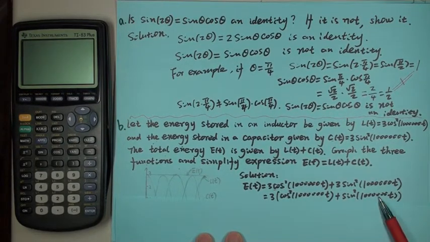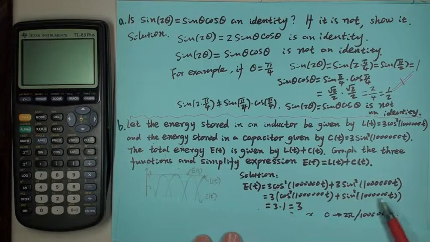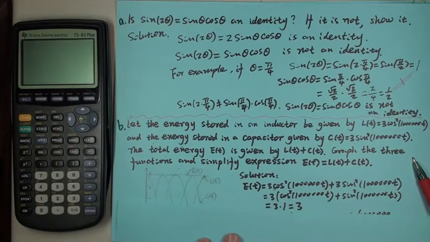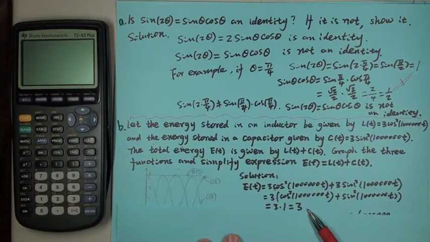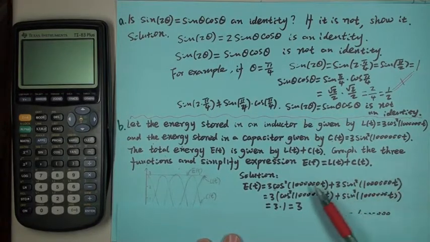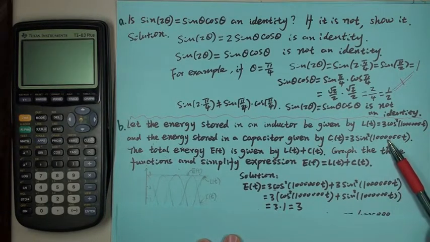By the Pythagorean theorem, those two angles are the same, so you add those two together, 1 squared plus another 1 squared is 1. So then 3 times 1 is 3. Alright, so actually the simplification is easy. E of t is actually equal to 3 units.